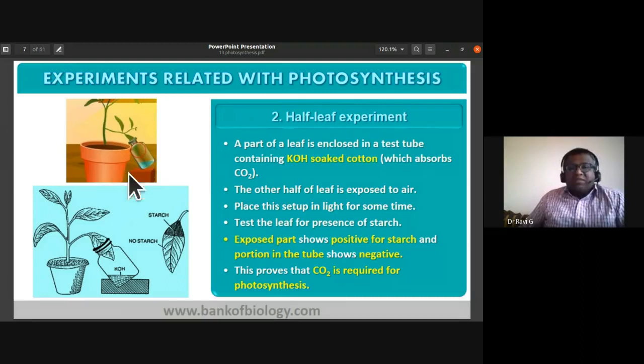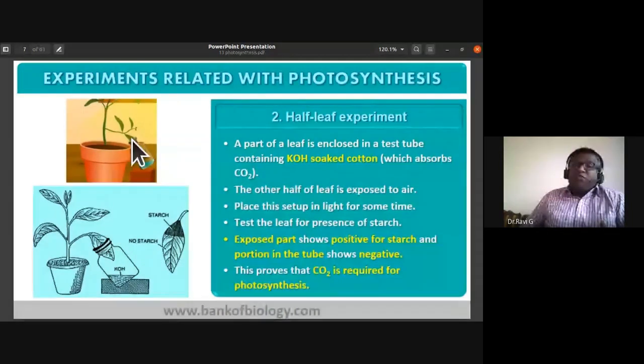Half of it is within the test tube or this reagent bottle, which contains KOH soaked cotton or KOH solution. KOH solution has the capability of absorbing carbon dioxide. That is why we are using this potassium hydroxide solution, so that all the carbon dioxide present within this reagent bottle is removed.